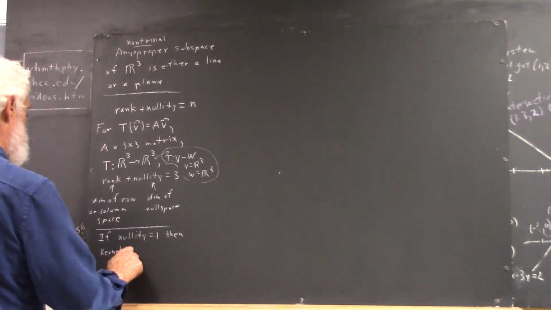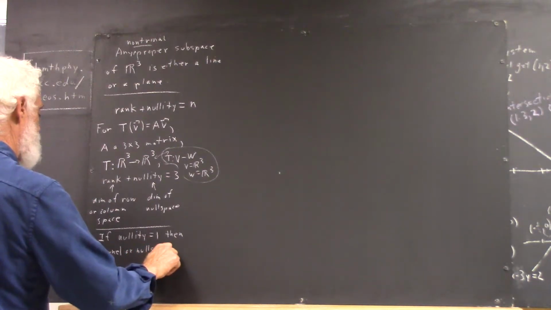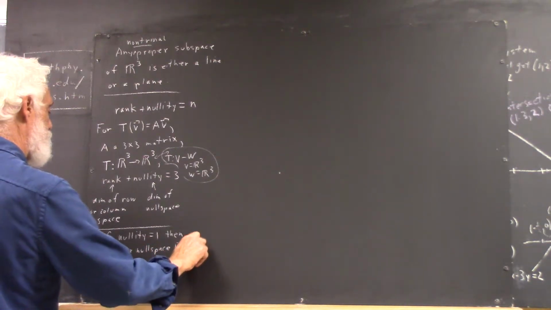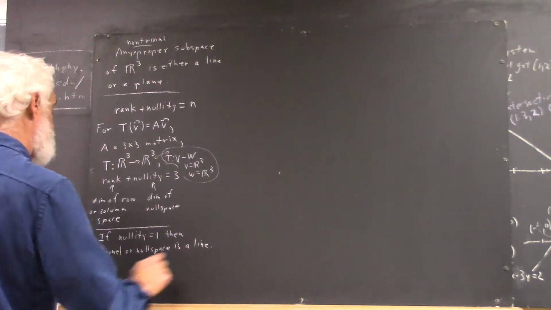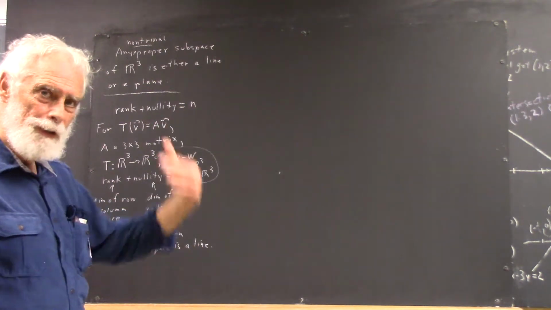Then we say the kernel or null space is a line. It really isn't a line, but it's identified with a line.